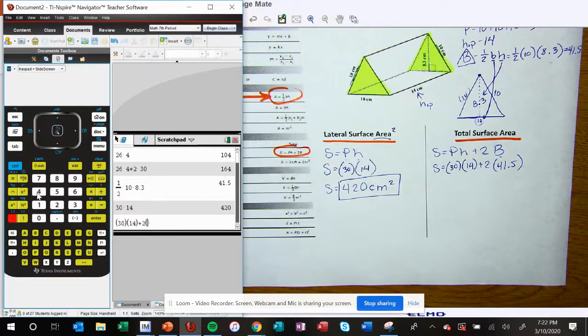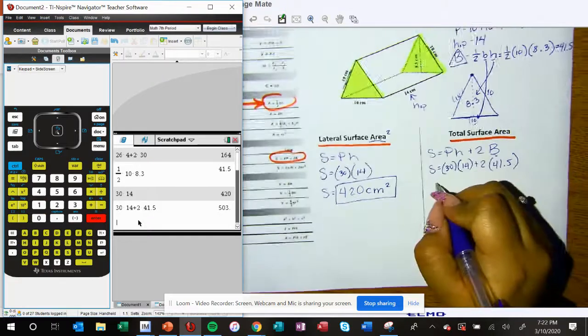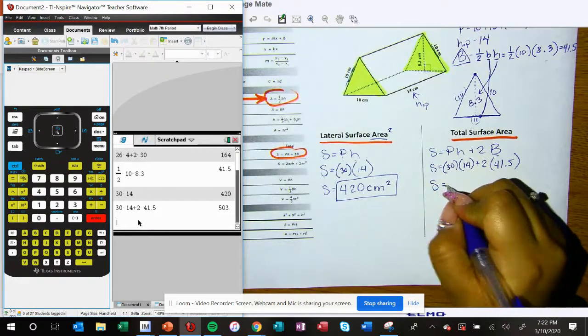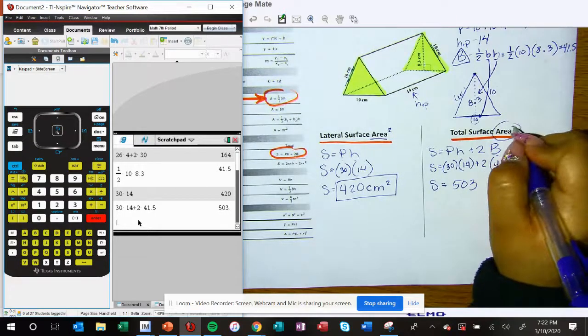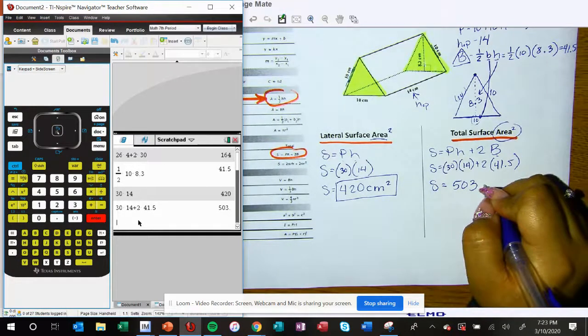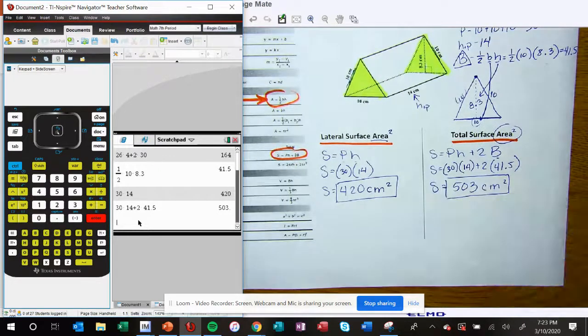If y'all hear any noise out there, that's because they're waxing the floors. And the answer here is going to be 503. Again, area is always squared. So squared centimeters. And that is my answer.